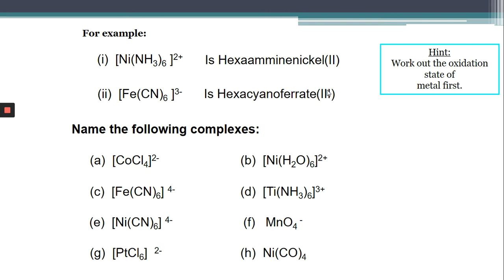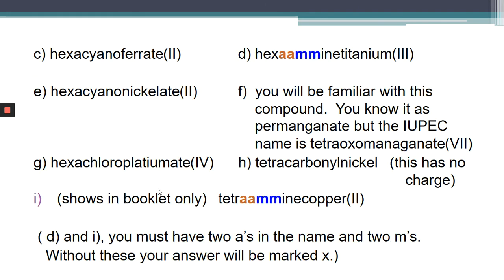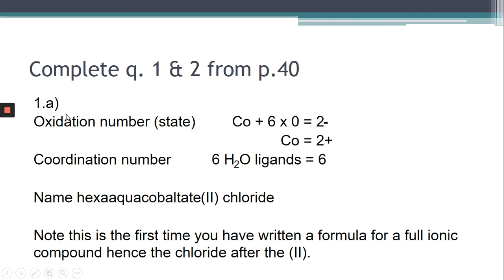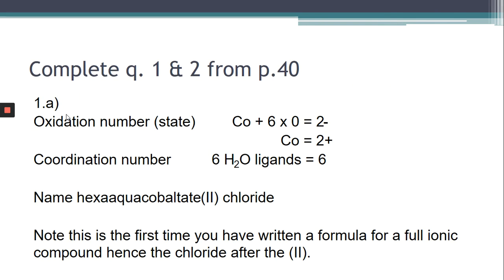As I say, the rest of these are the examples that you worked through. These ones are colour-coded to try and help you. And I've written down how to work out the oxidation number for these ones. Okay. These ones have just got the answers. If you're unhappy with any of them, please come back to me and ask for a better or a more detailed answer as to why it came up.